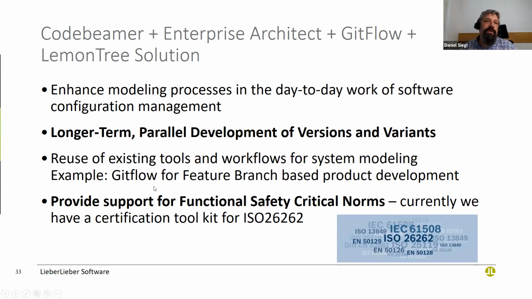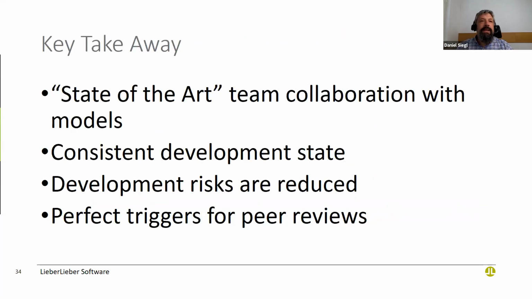And obviously, interesting for the business, all of these things provide support for functional safety critical norms or other norms, because it's easier to explain what's going on. The key takeaway for today, I think: state-of-the-art team collaboration with models and requirements.